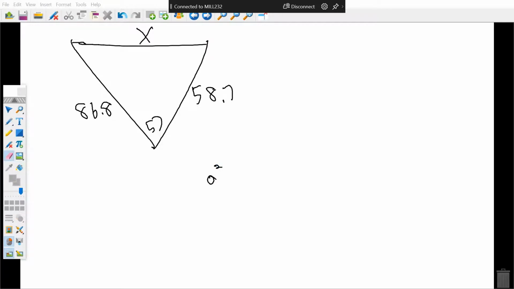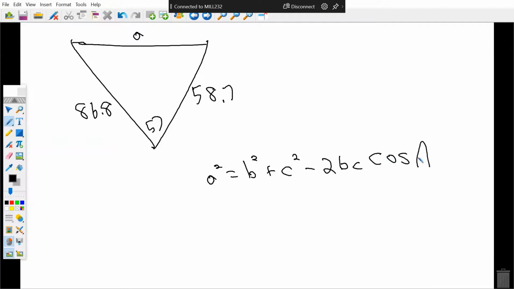Let's change this to an A, just so we're consistent. Okay, please find side length A.